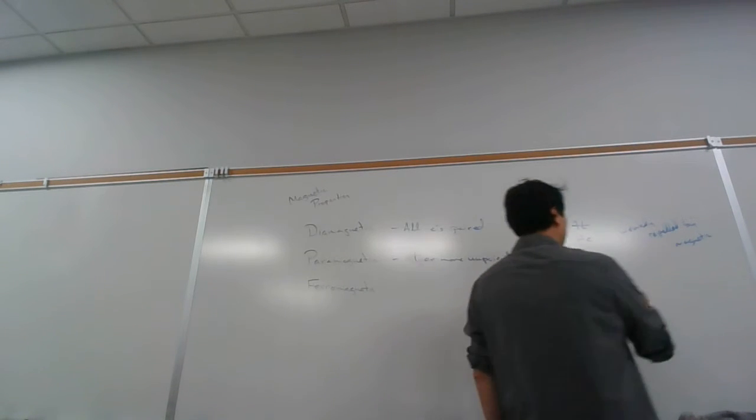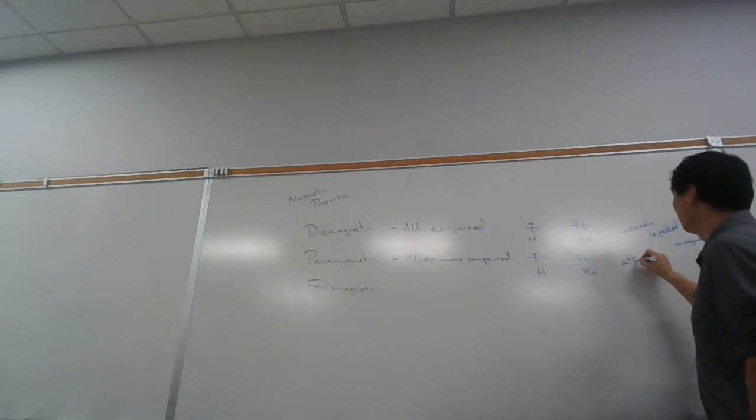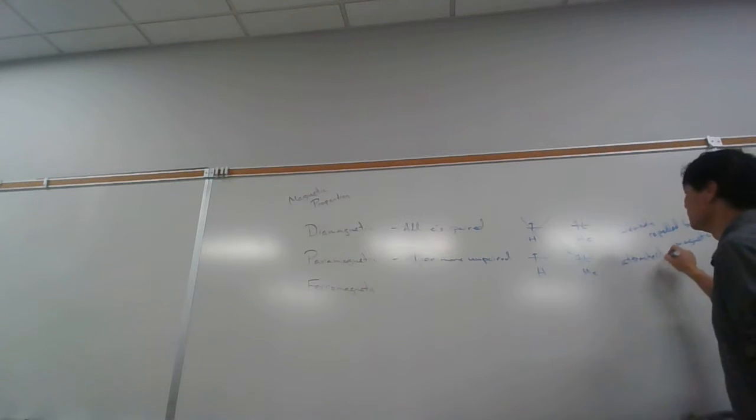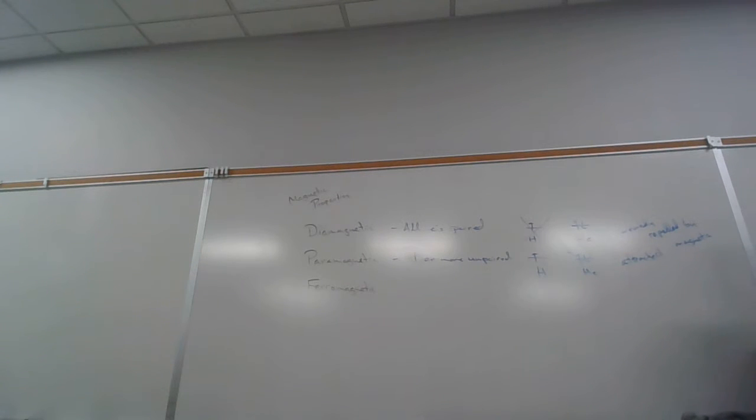And these are going to be attracted. It depends on how many unpaired electrons. The more unpaired electrons, the stronger the attraction. So nitrogen, for example, has 3 unpaired electrons unless it bonds. Atomic nitrogen does. When it bonds to another nitrogen, it's diamagnetic.